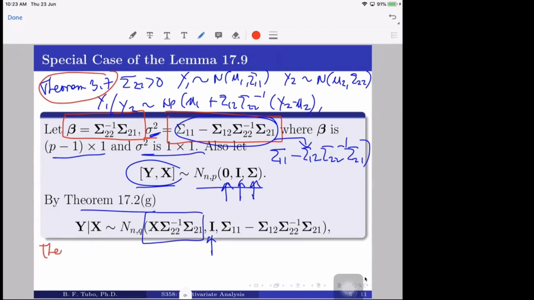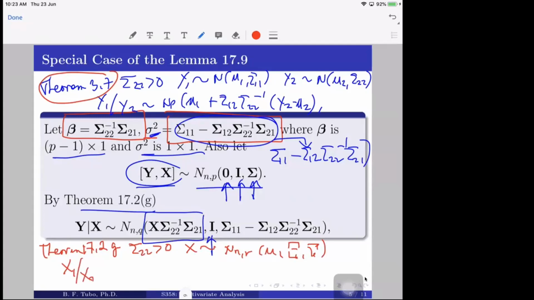The assumption is still that sigma 2 is greater than 0. Then you have some assumptions on your x, which is normally distributed with mu, psi, sigma.